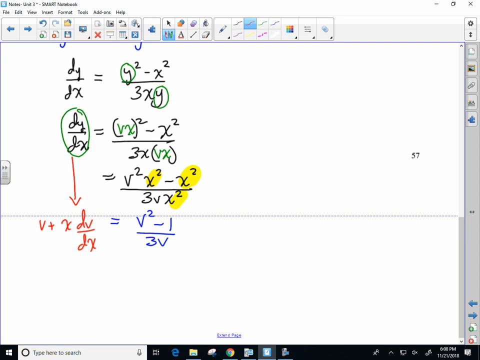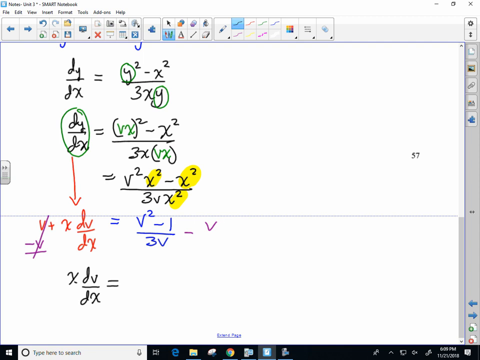So now I have a new differential equation based on this substitution, only containing v's and x's, which is what I wanted. For better or for worse, that needed to happen. So I'm going to solve it. I'm going to move some stuff around. I'll subtract a v from both sides. And I'll be looking at x times dv dx equals.